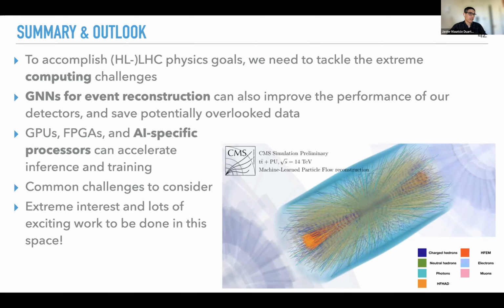I 100% agree, and this is actually something that the student I'm working with is currently looking at, which is exporting different GNNs to a standardized ONNX format. So I think that is one thing we could all work on together. That's very exciting. ONNX is very much at the lead in usage for the moment.